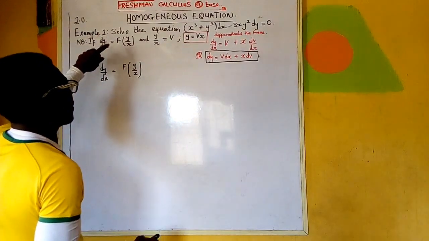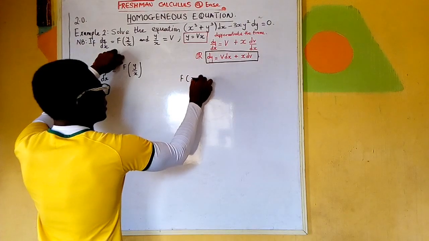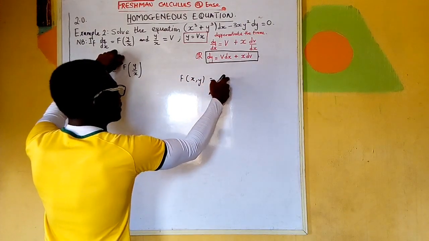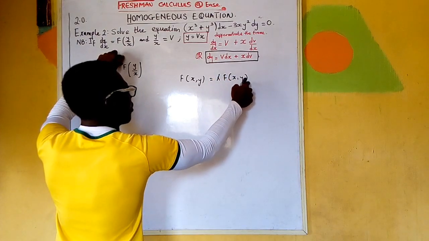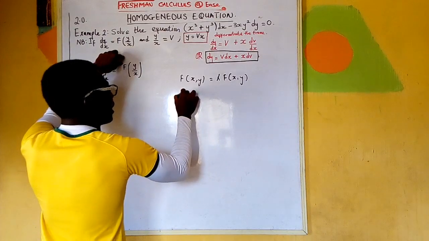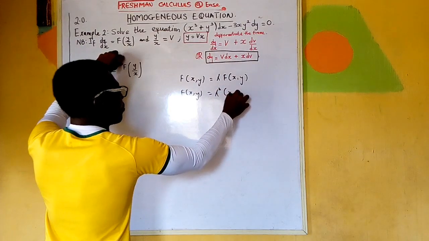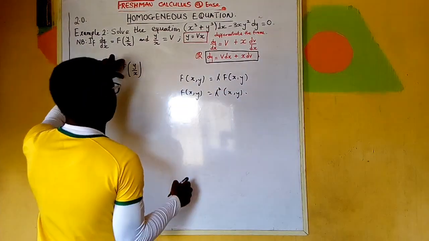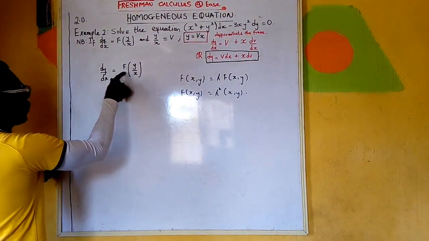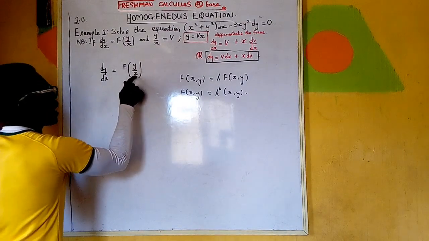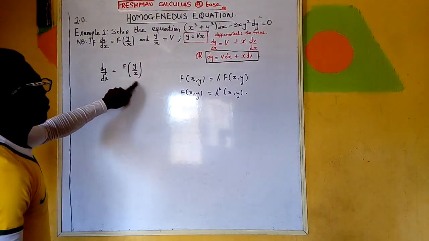Remember, the first thing we explained is that you will be given a function in this form, whereby you introduce a constant lambda, f of x comma y, and we have f of x comma y to be equal to lambda k x comma y. For this case, dy/dx is equal to f, a function of y over x, and it is in this form.